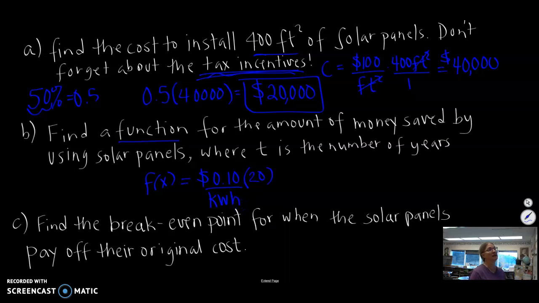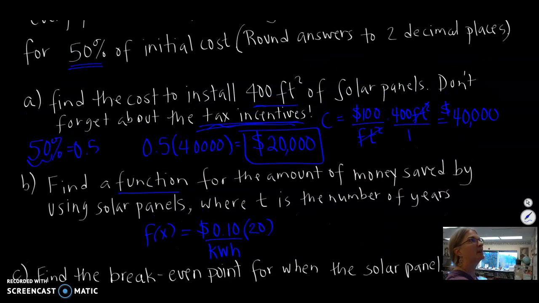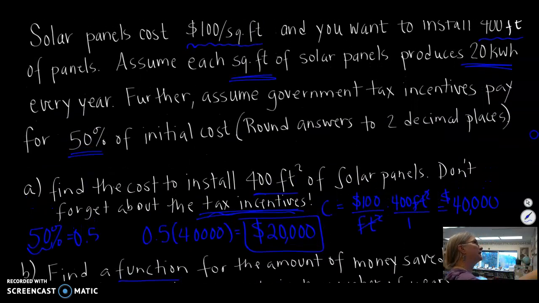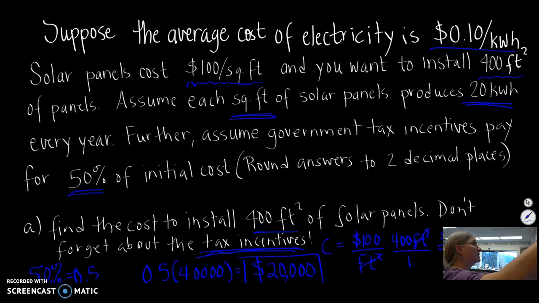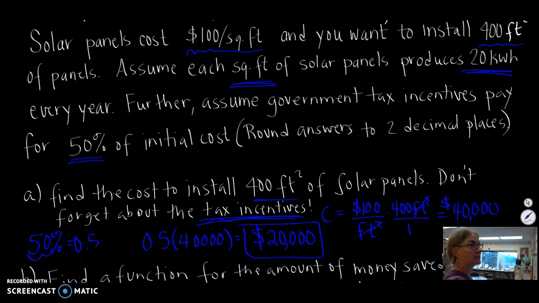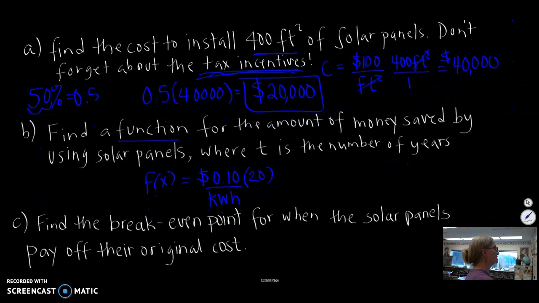And then it's 20, if you look back up here, 20 kilowatt hours every year is what the solar panels are going to produce. So we can multiply 20 kilowatt hours, I can put that over 1.